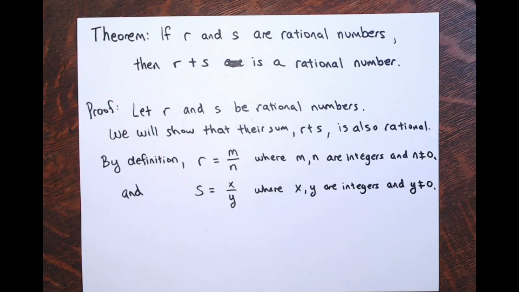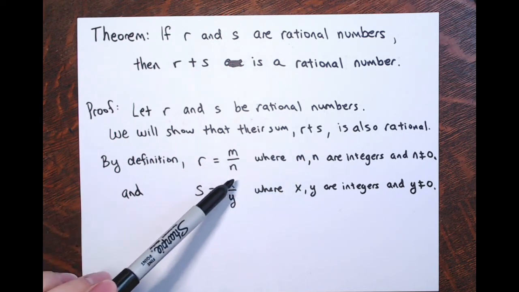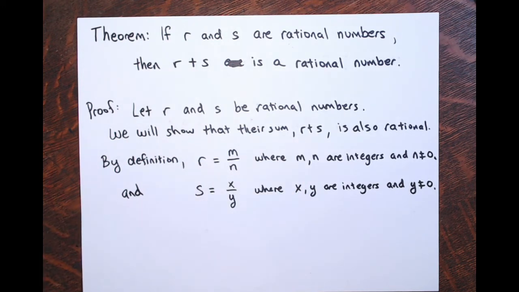And then, pretty similar to some proofs I showed you earlier in the video, I'm just going to plug these into R plus S and see if we can express R plus S in the same way. If I'm trying to show that R plus S is rational, it means I want R plus S to be equal to an integer divided by some non-zero integer.